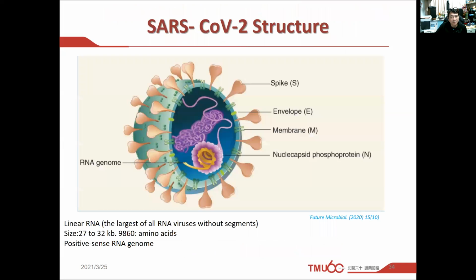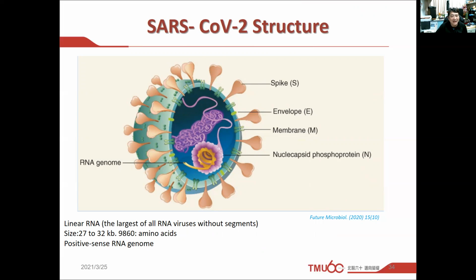So we went over the diagnosis. Now we are going to give more detailed information regarding the structure of SARS-CoV-2, this virus. Okay, you can see that the genetic material is a single messenger RNA. This RNA is a positive-sense RNA genome.